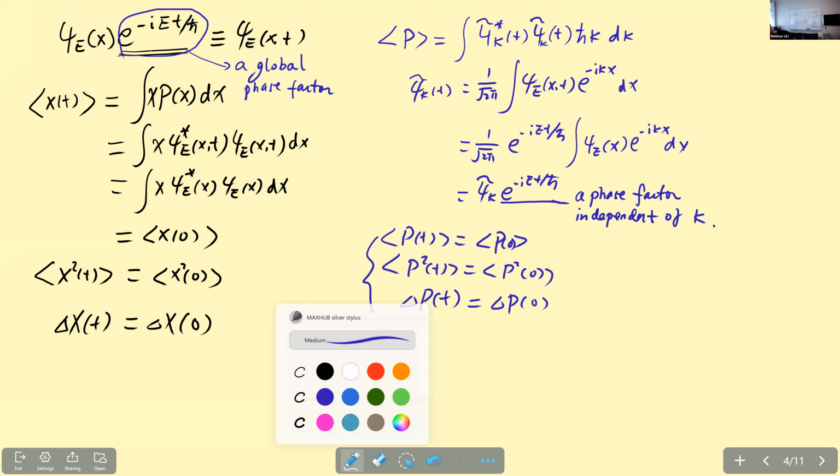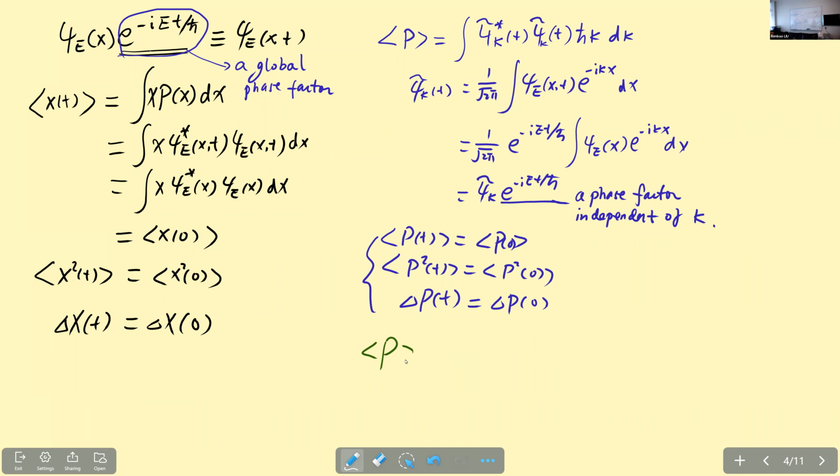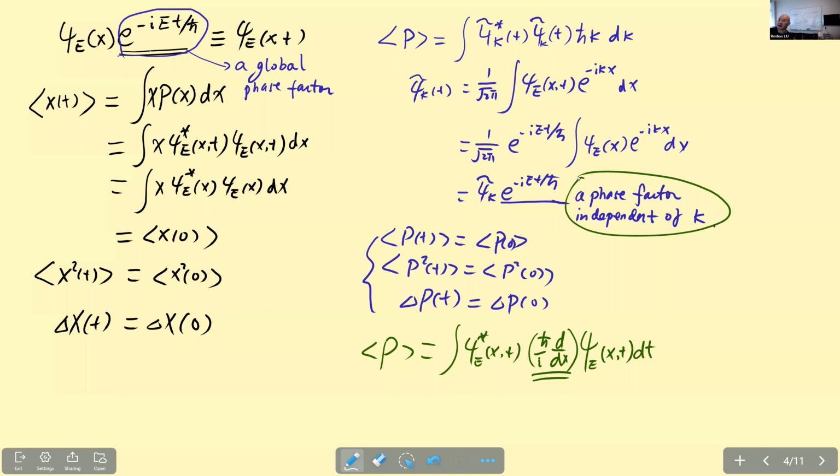Another derivation is like, you can write down this average of this one. We know that it can be written as the integral of psi complex conjugate, and this one can be replaced with the h bar over i d over dx. And again, you can see that this one is an operation on x, but the global phase factor here does not depend on x, so it can be moved outside of this operation.